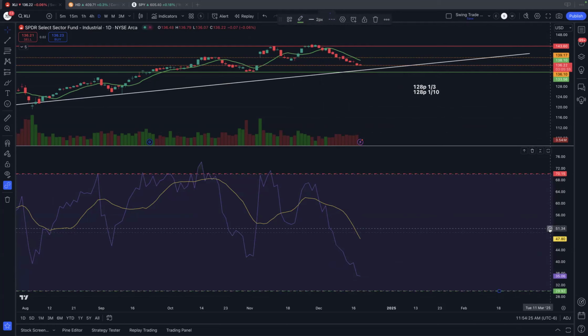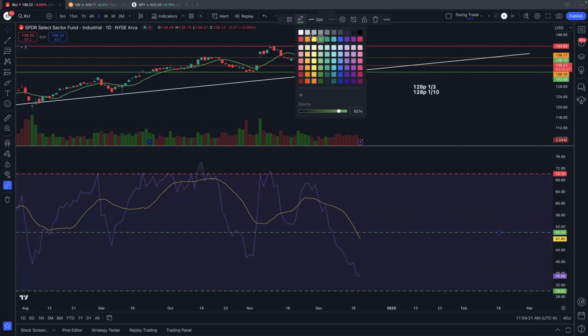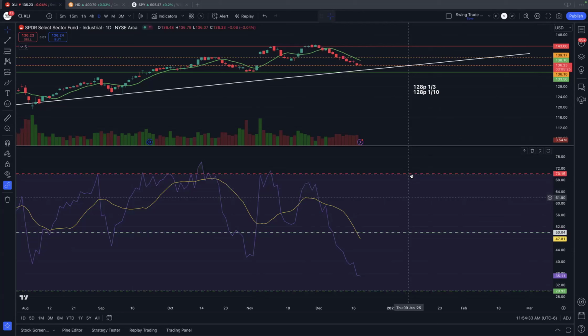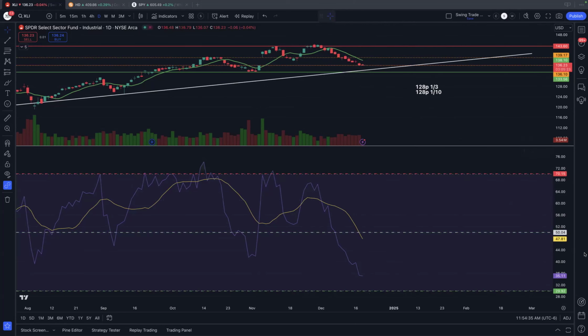And then the last one we're going to want to pay attention to is the 50. And this is the one that I'll mark off white in here. All right. Now, this is showing you the strength behind price changing, like switching lanes.